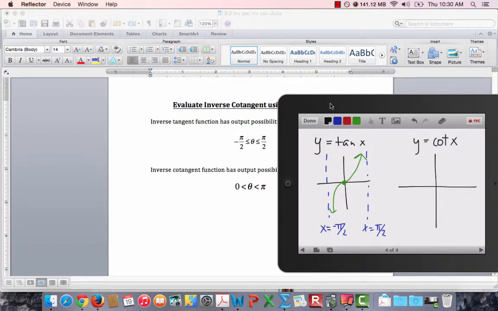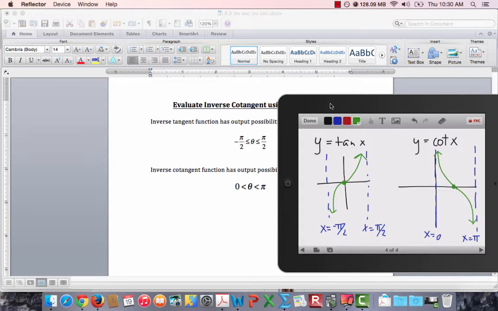The cotangent graph looks different than tangent, and the agreed upon domain region on cotangent is from 0 to pi. When we look at the region from 0 to pi, we get a nice continuous one-to-one chunk of our cotangent of x graph, and this is the piece that is reflected over the line y is equal to x in order to get the inverse cotangent.